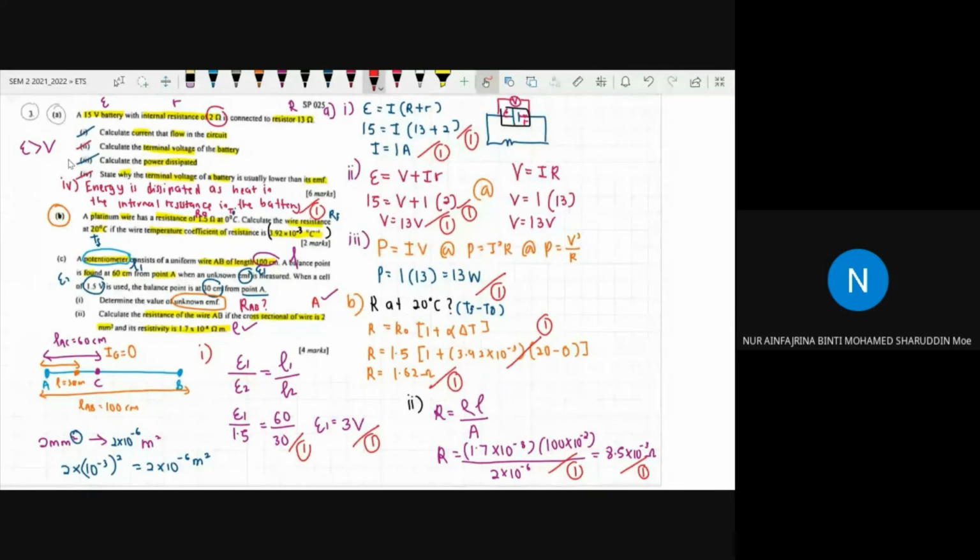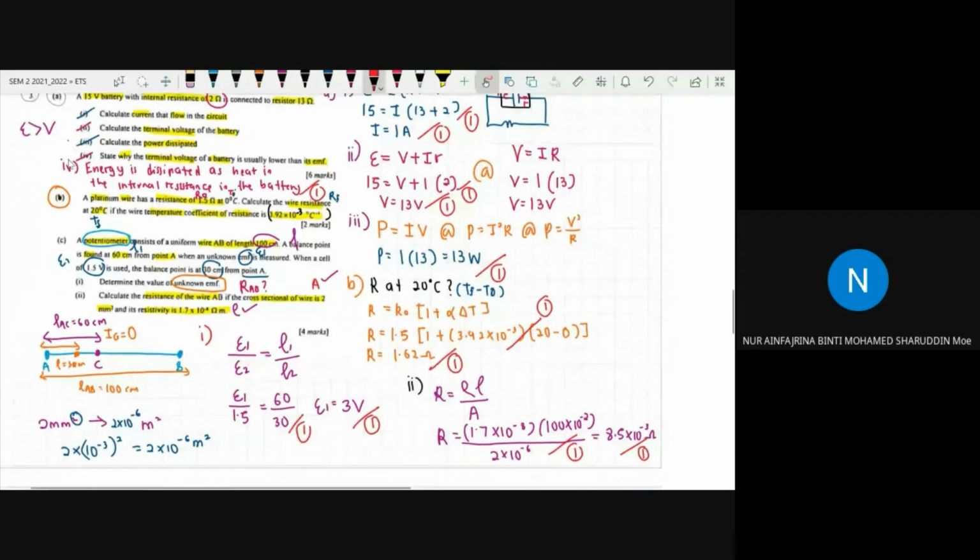Salah dekat I. Yang saya ambil 100 cm AB dia, length 1. Okay, faham. So now you boleh tahu dekat mana you are strong, dekat mana korang lemah, so nanti boleh study balik. It's okay, we are just doing exercise question right now. Okay, I'll proceed to the next question.